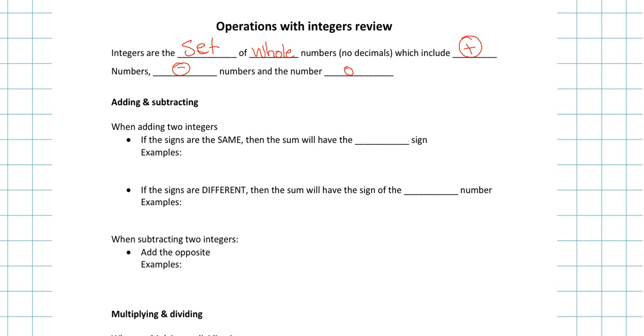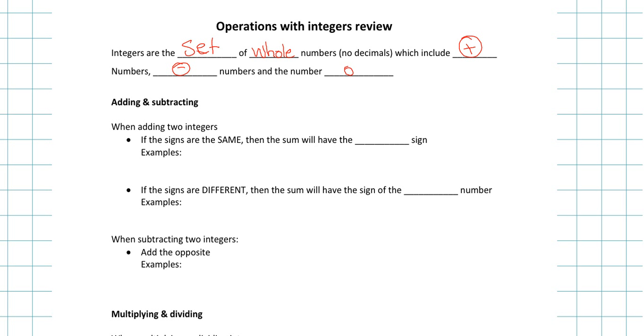All the numbers from negative infinity, the smallest number you can ever have, to the largest positive number, infinity, are called integers. They have to be whole numbers, no decimals.